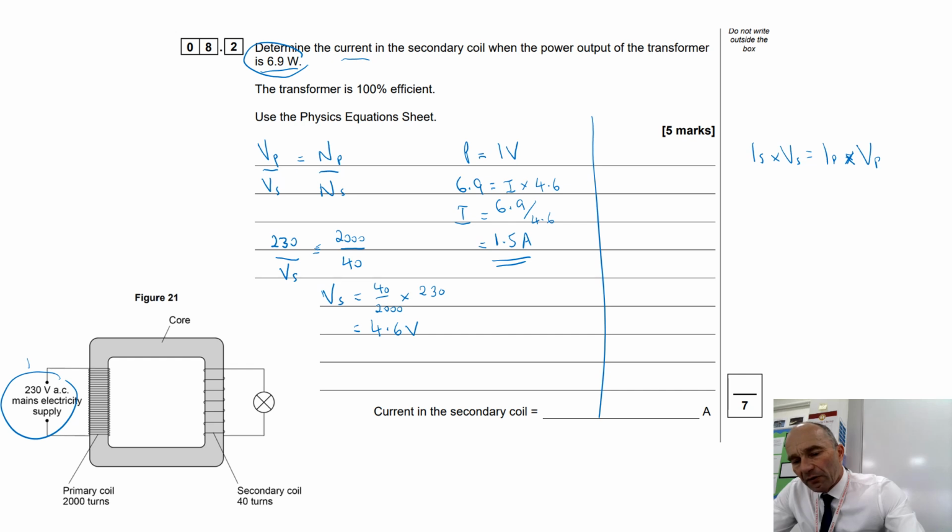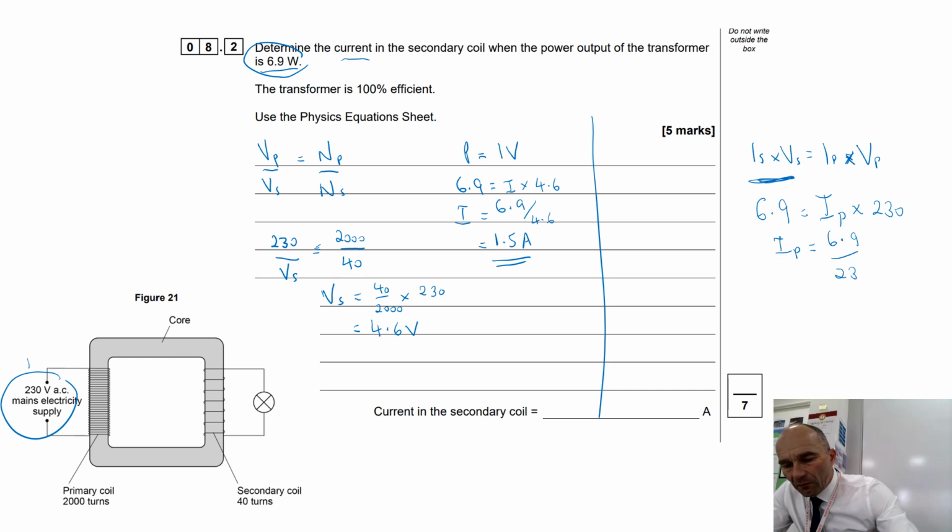Remember, P equals IV. So this part of the equation is basically the power output. So you can substitute in that 6.9, and that equals the current in the primary, which we don't know, multiplied by 230. We then shift things around a little bit. IP equals 6.9 divided by 230. That gives us a current in that primary coil of 0.03 amperes.